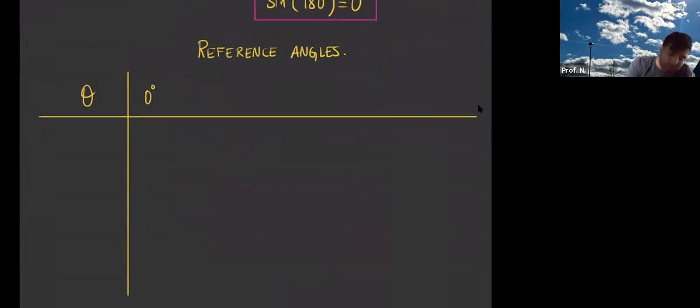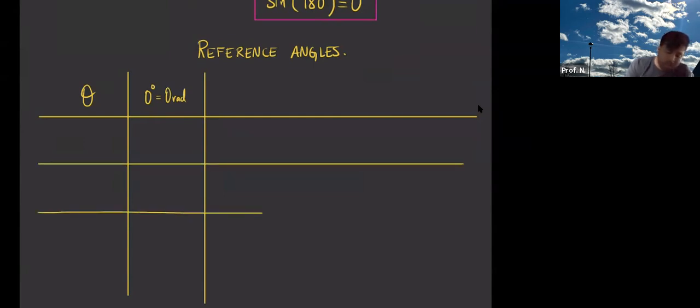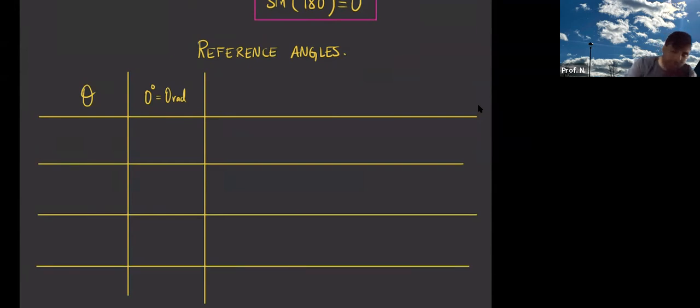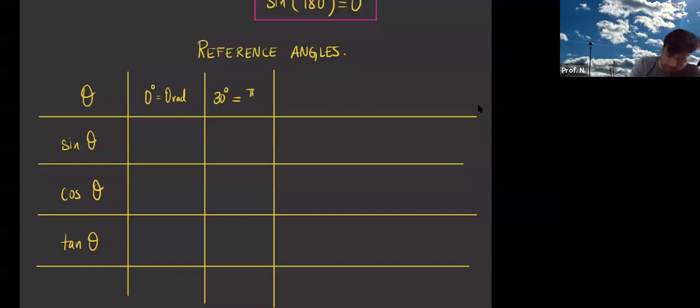So we have 0 degrees or 0 radians, right? We know what those values are. We know that for sine, cosine, and then we're going to talk about tangent eventually. We know 0 degrees. We know 30 degrees. But of course, that's also pi over 6 radians. So that also works for radians.